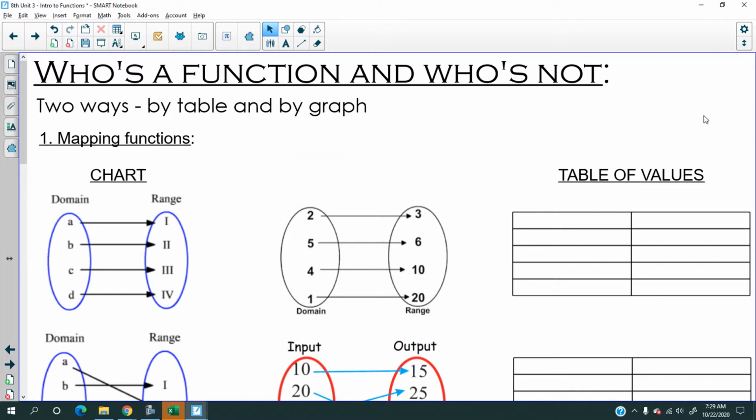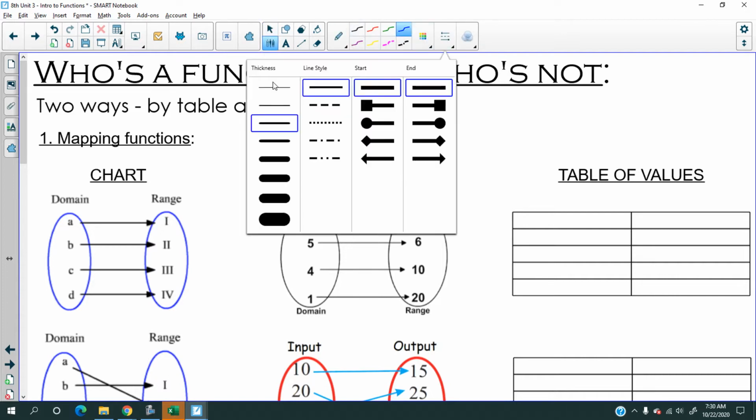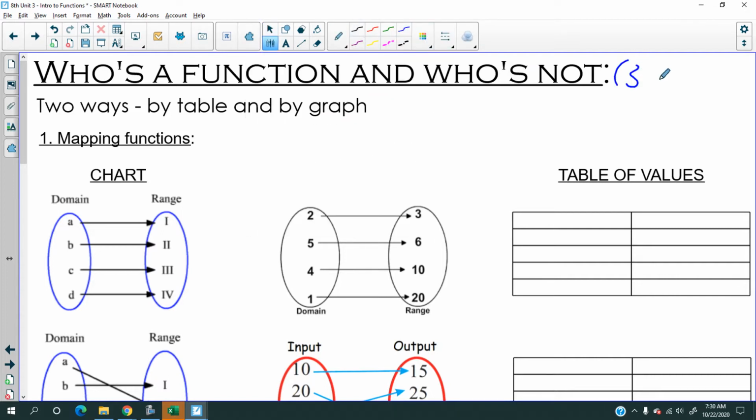Like I said in the introduction, over the next 3 days, we're going to talk about what's a function and what's not. The first 2 days, we're going to look at this by table. And then the last day, we're going to look at it by graph, which is super duper easy.